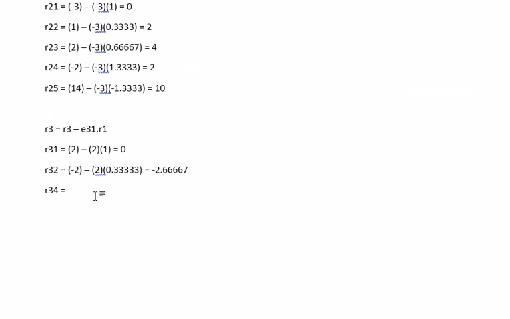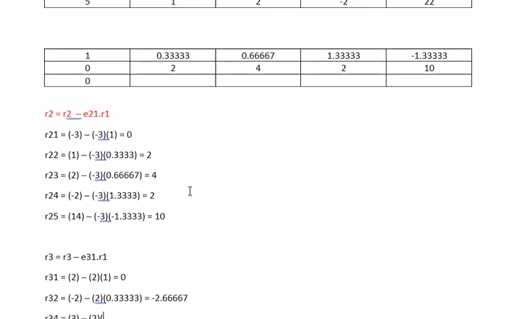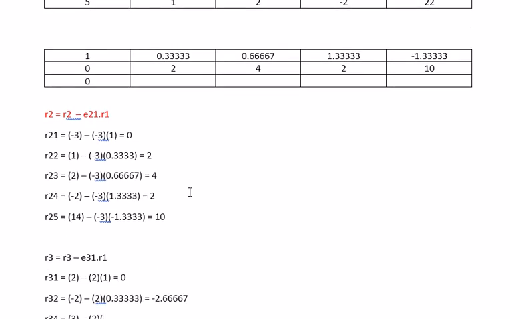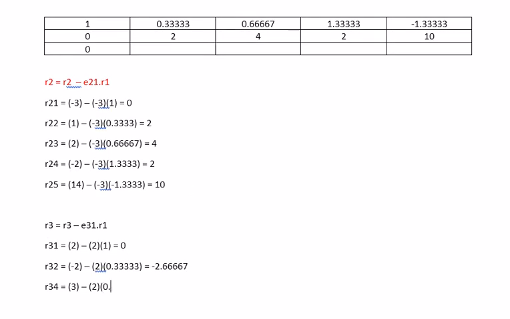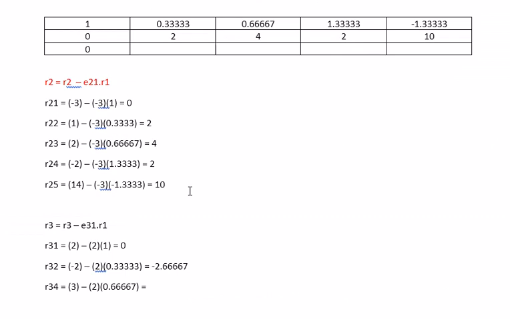So we have here 3 minus constant, the 2 is the element in the third row, first column, times the element in row 1, 0.66667, is equal to, how much is the value? 1.6667.